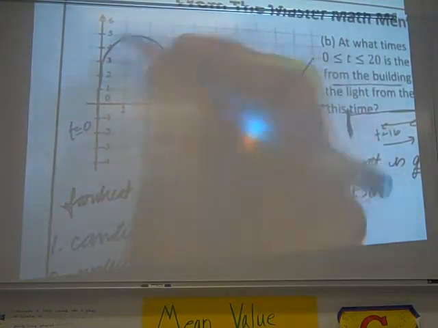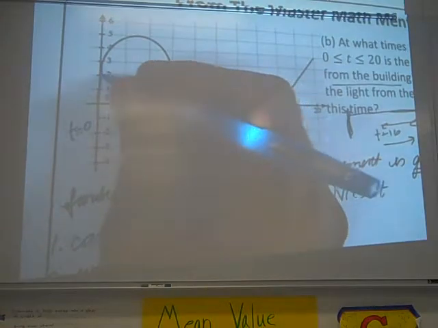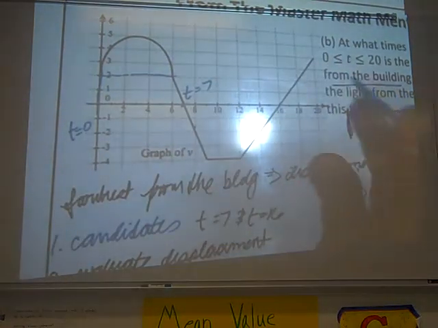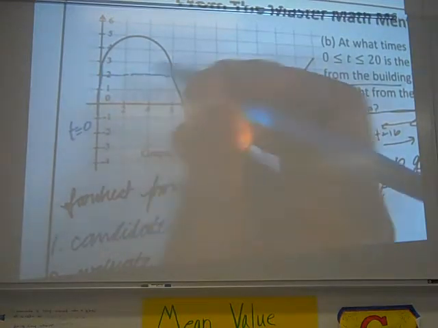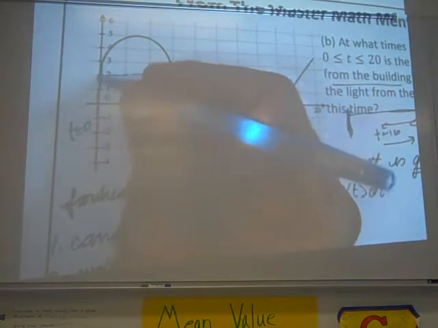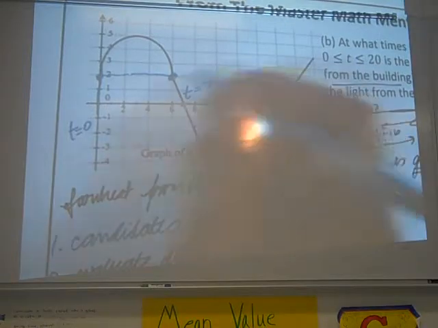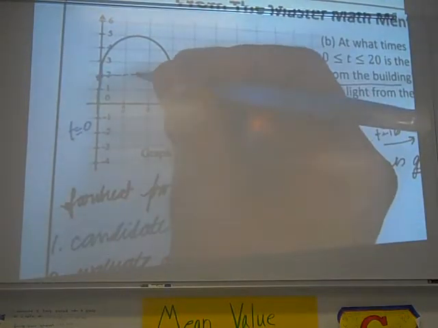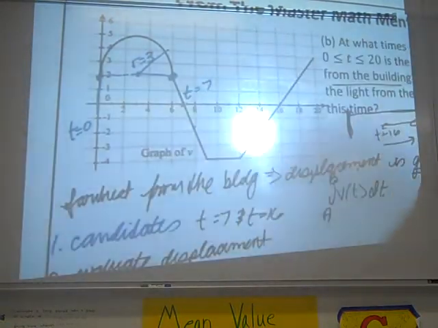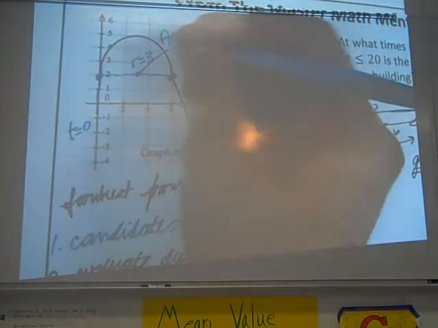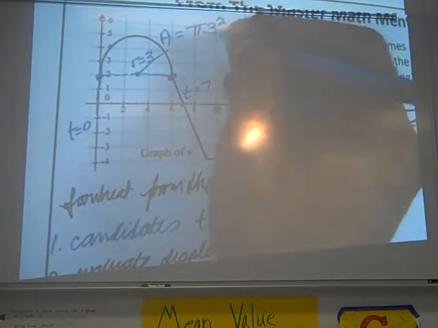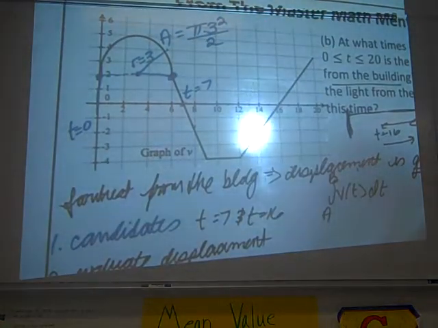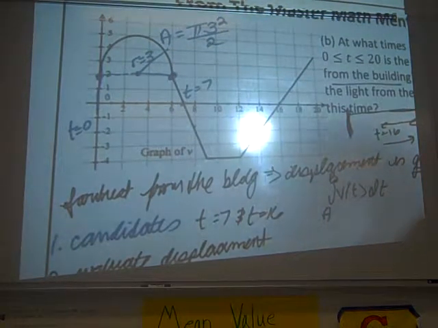I can kind of see the semicircle piece, so let me cut it right here. If the section above this line is a semicircle, I'm going from t equals 0 to t equals 6. My diameter is 6, my radius is 3. Since the area of a circle is pi times r squared, I'm going to have pi times 3 squared. Since we only have a semicircle, we divide by 2.